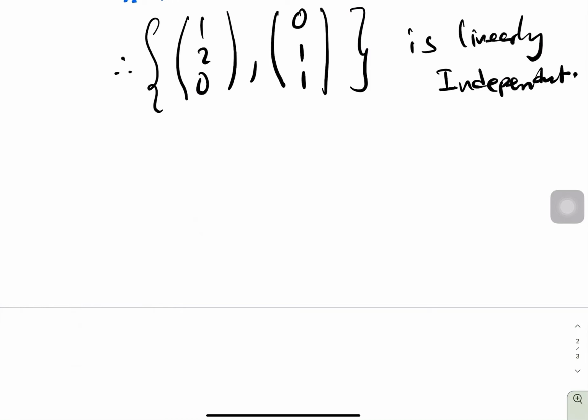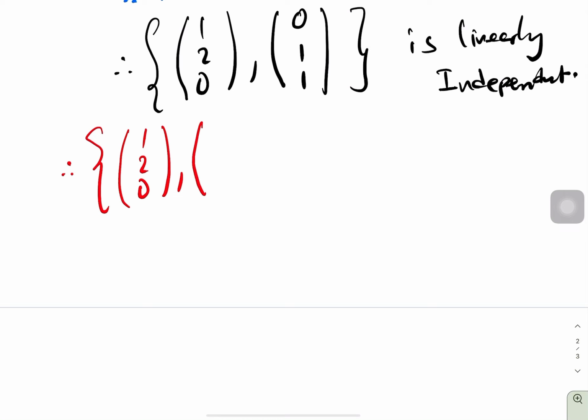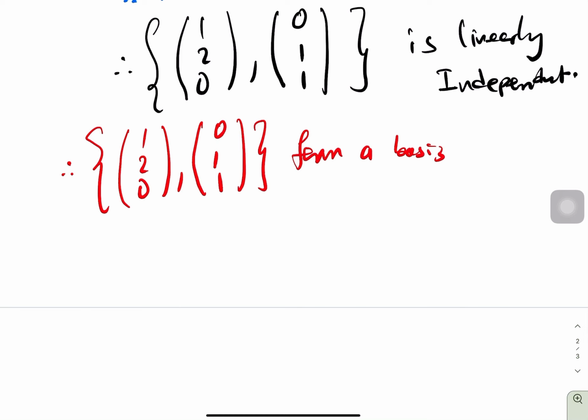So I'm going to say, therefore, the set of vectors 1, 2, 0 and 0, 1, 1 form a basis for W, which is your subspace.